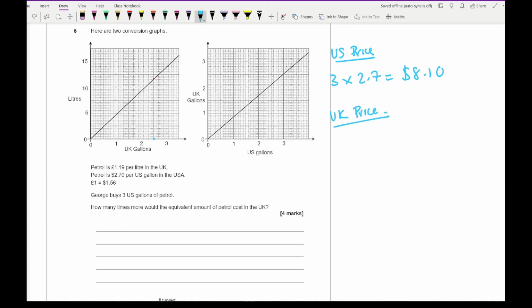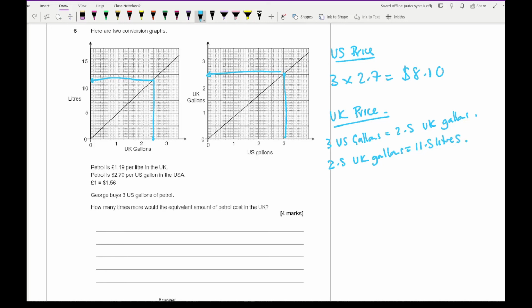So 3 US gallons going up is the equivalent of 2.5 UK gallons. Now 2.5 UK gallons is going to be roughly around about 11.5 litres.